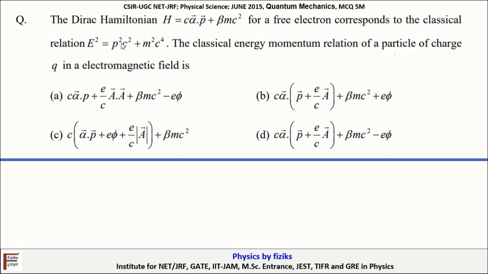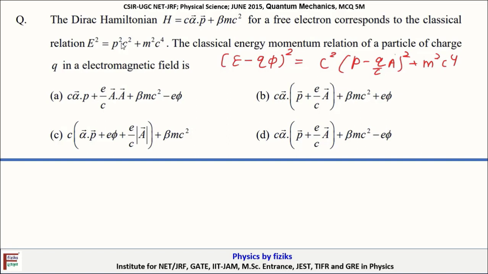The classical energy momentum relation for a particle of charge q in an electromagnetic field is... Here, this question is incomplete, as one important relation is missing from the question, that is c square (p minus q by c A) square plus m square c to the power 4.